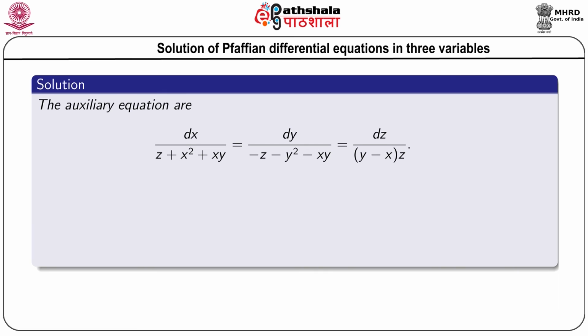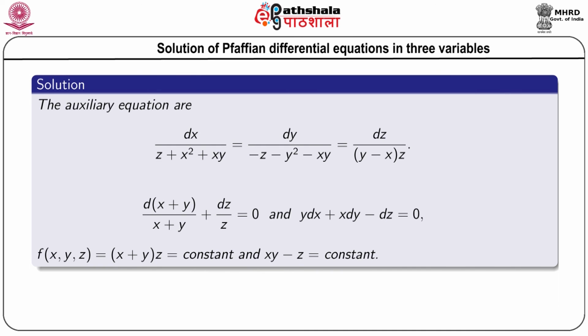Now, the auxiliary equation becomes this. Now, this is a simultaneous equation and we have already read how to find the solution of a simultaneous equation in an earlier module. So, in this equation we can solve taking these three equations in this way.